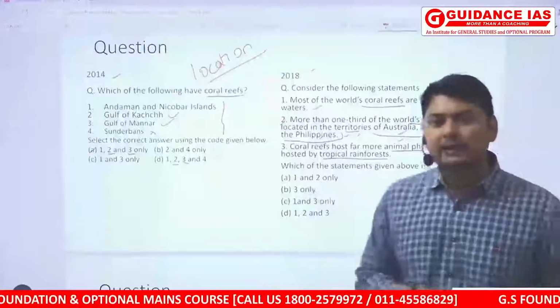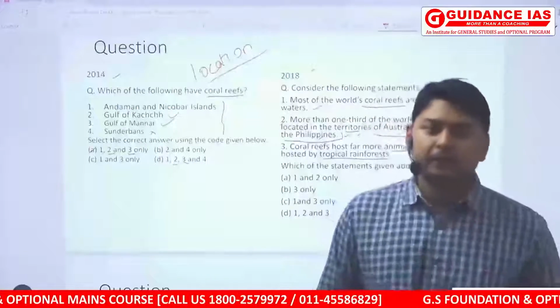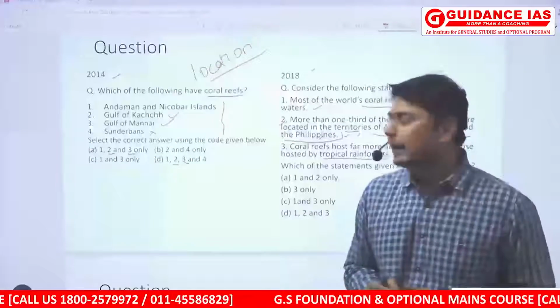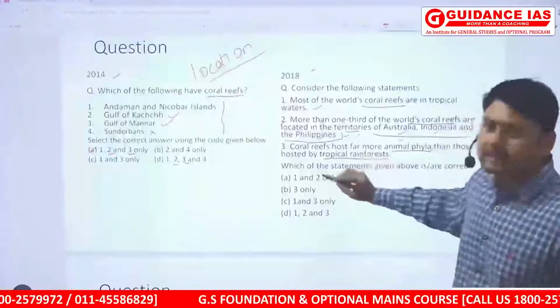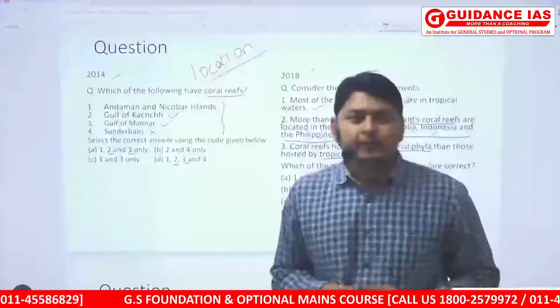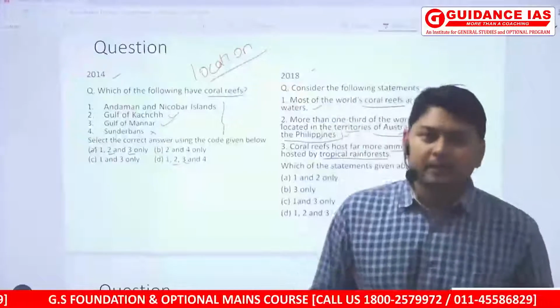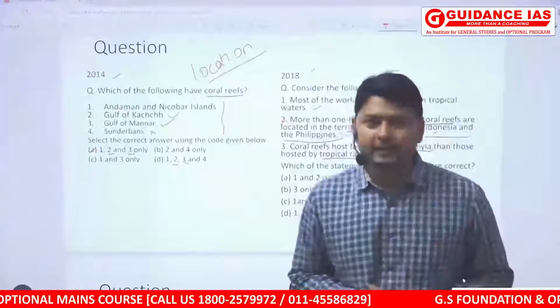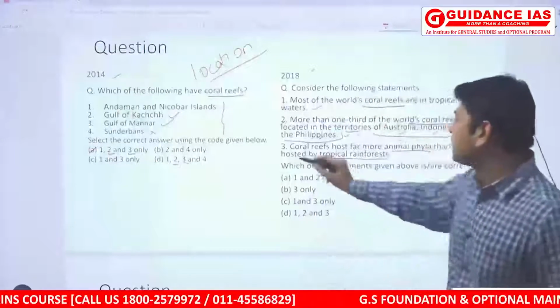If you see the basic books, it is specified that coral reefs are compared to the tropical rainforest in the amount of organisms they hold. So this statement is also true.